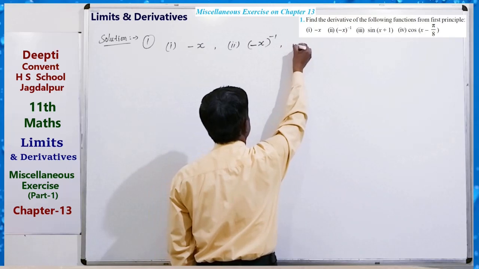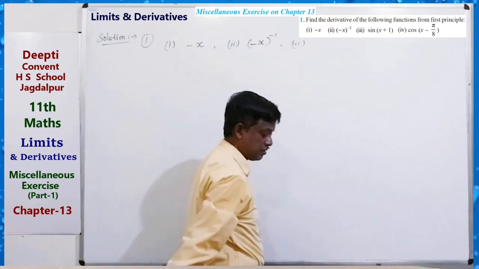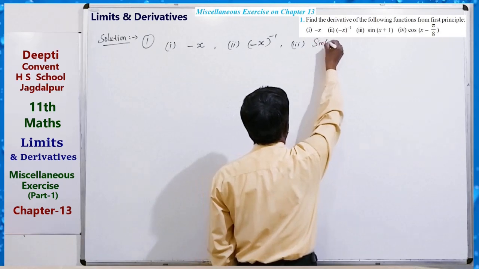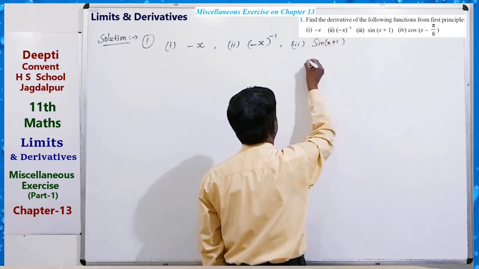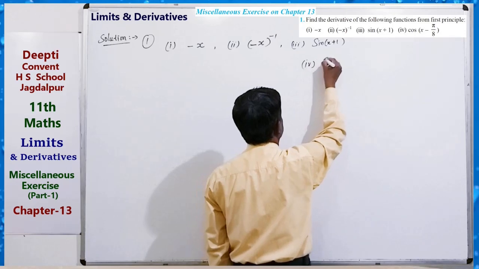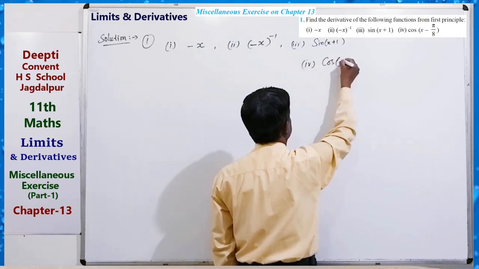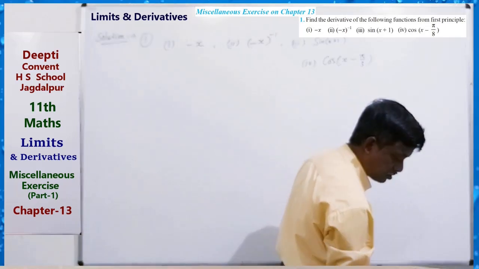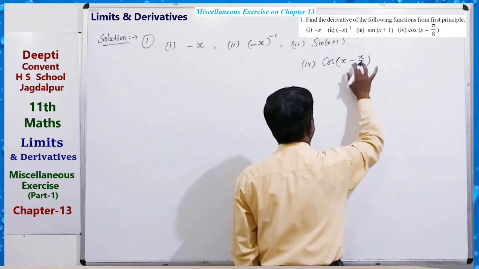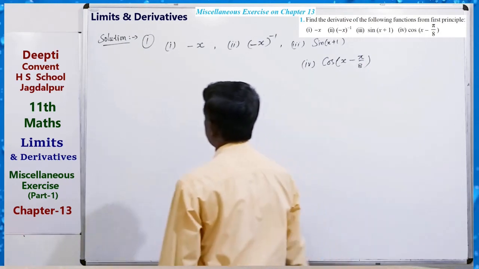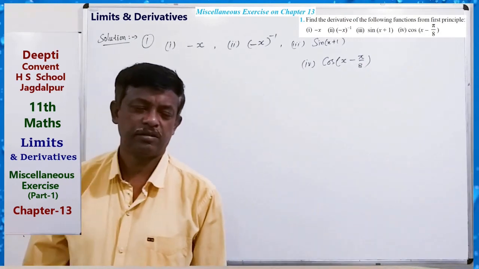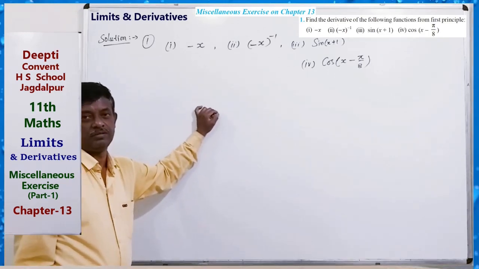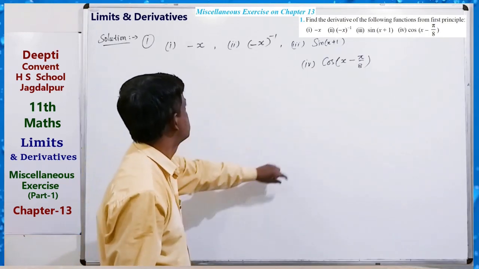Third part is sin x plus 1. And fourth part is cos x minus pi by 8. These are the 4 parts. So by using the first principle method, we want to find the derivatives of these functions.